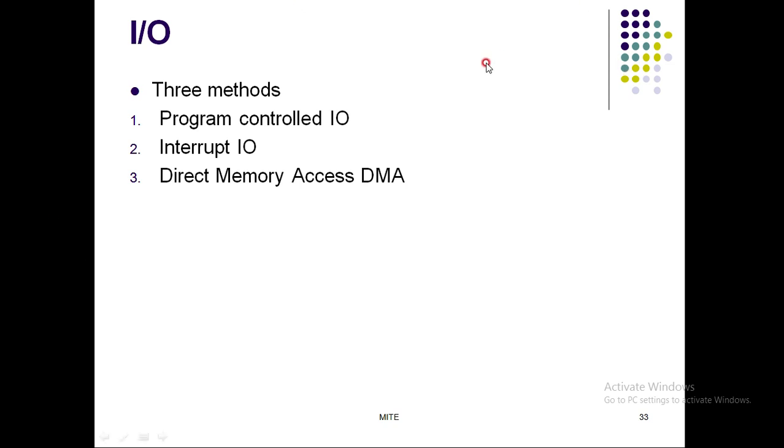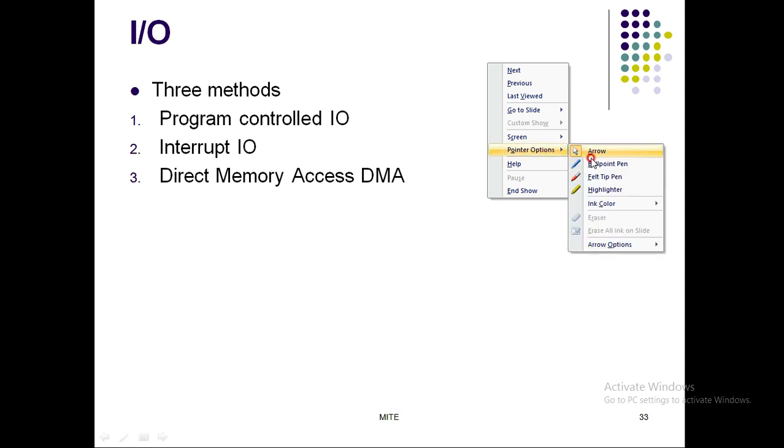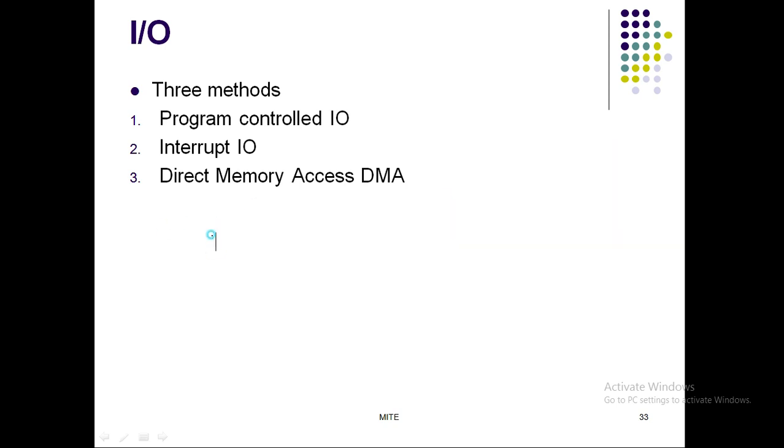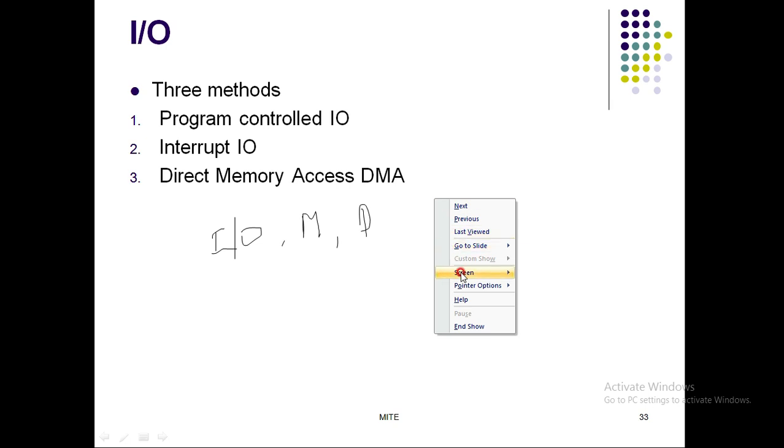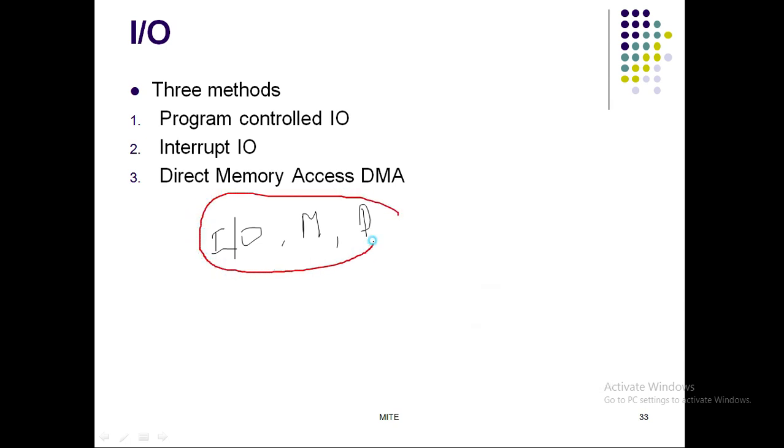So remember friends, we are speaking of three things here. One is your I/O, the next very important thing is your memory, and the next is your processor. We are dealing with all these three things now: I/O, processor as well as memory.